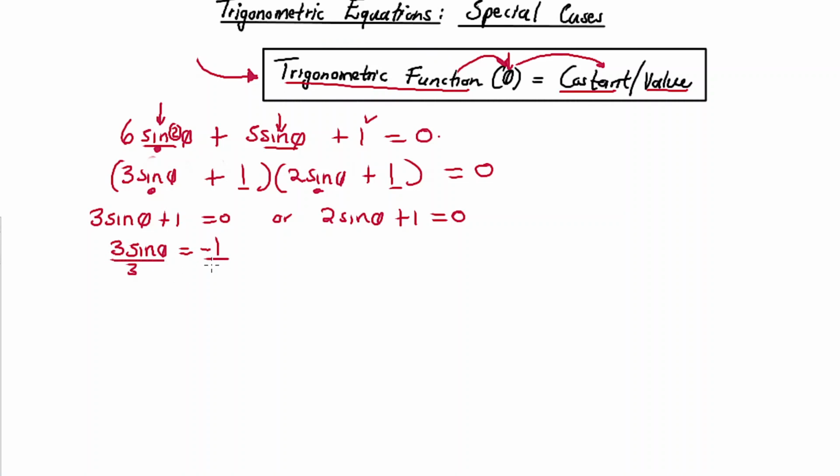I'm dividing by 3 on both sides. So sine theta is equal to minus 1 over 3. Doing the same for this, I'm going to have 2 sine theta equal to minus 1. Divide by 2, cancel. I'm now left with sine theta equal to minus 1 over 2.